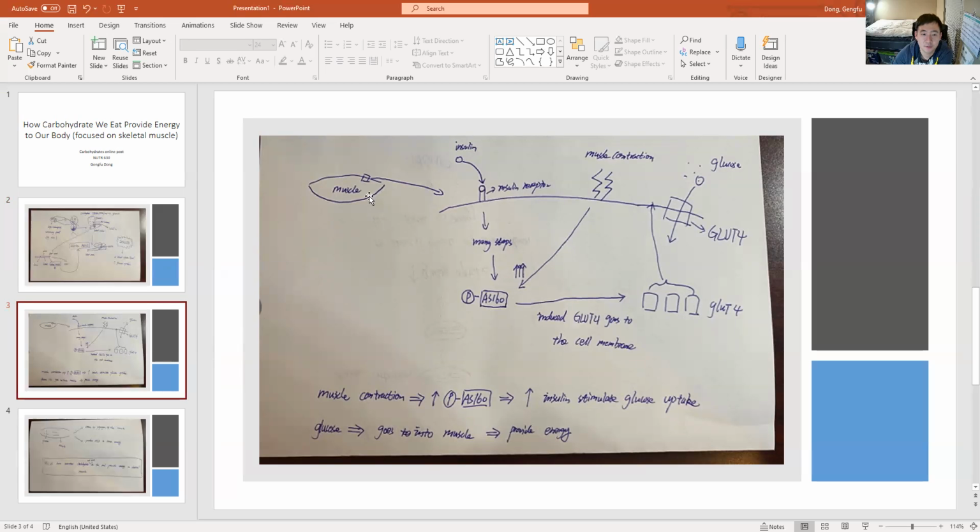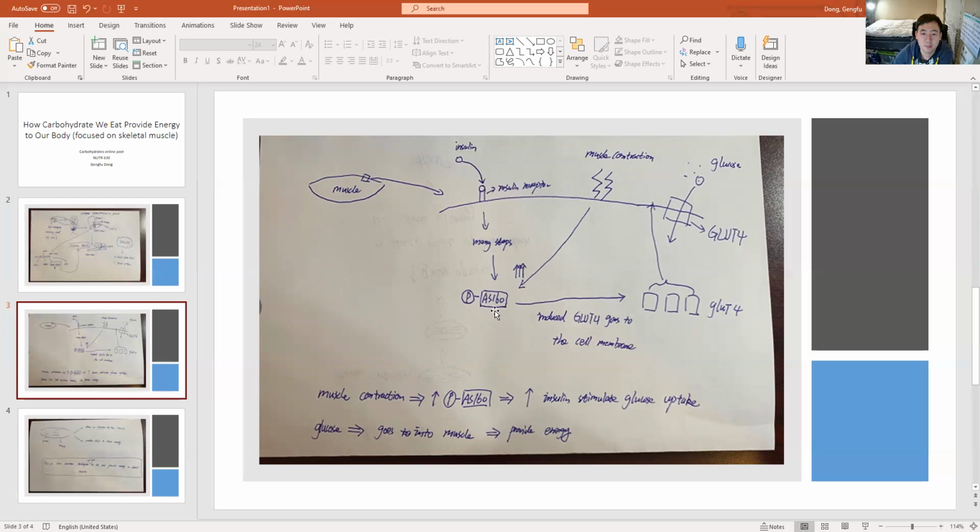Let's take a look at this graph. So this is a skeletal muscle. Let's zoom into this part on the membrane right here. On the membrane, we have an insulin receptor. After we eat a lot of carbohydrate or sugar, the insulin secretion will increase, and then the insulin will bind to the insulin receptor.